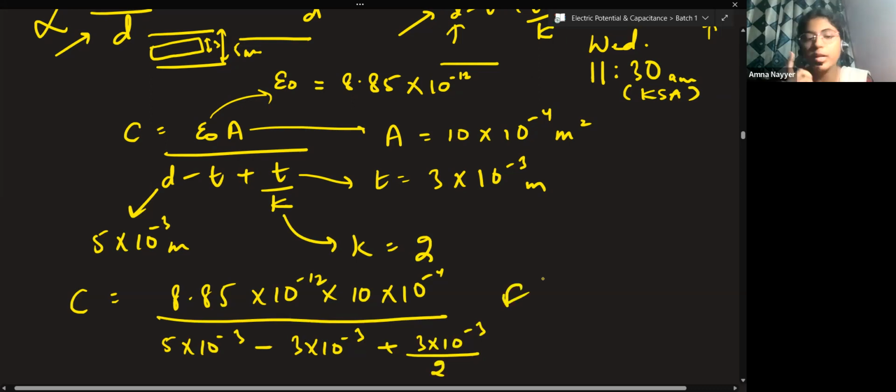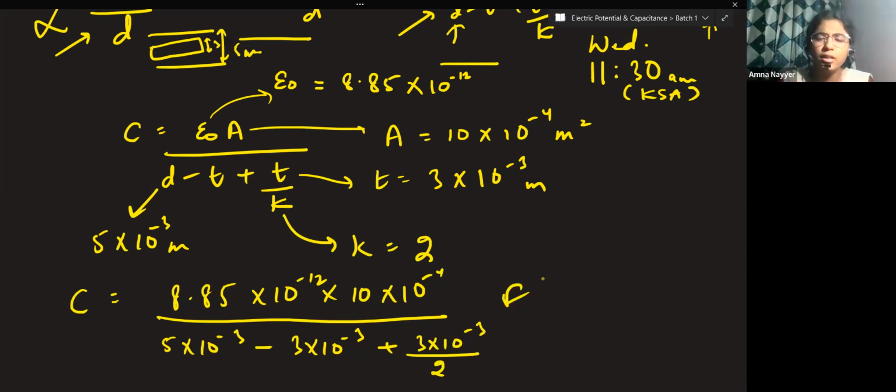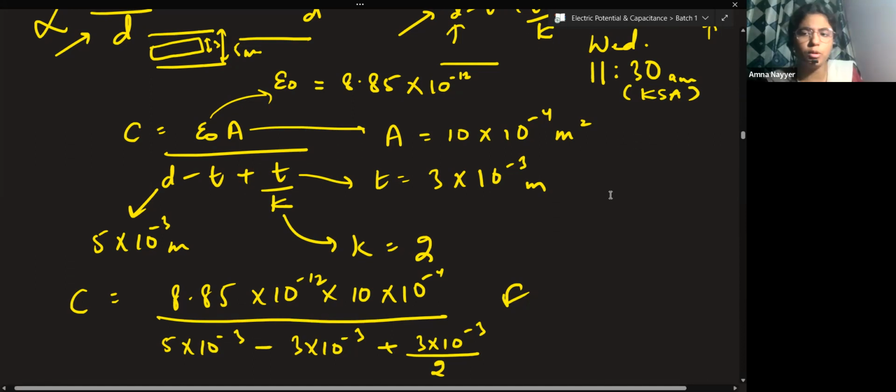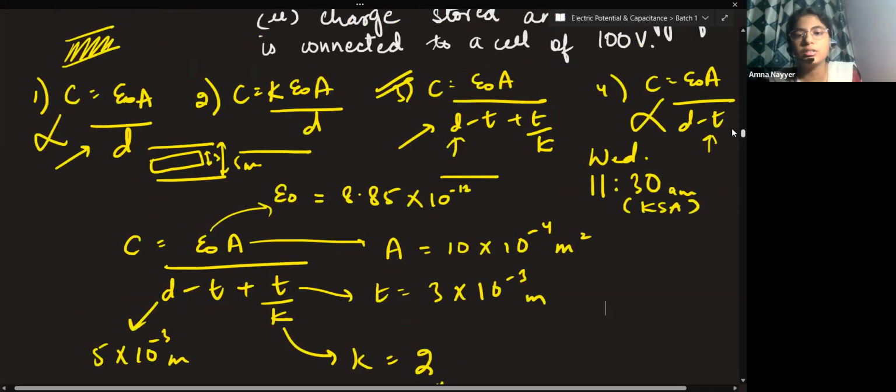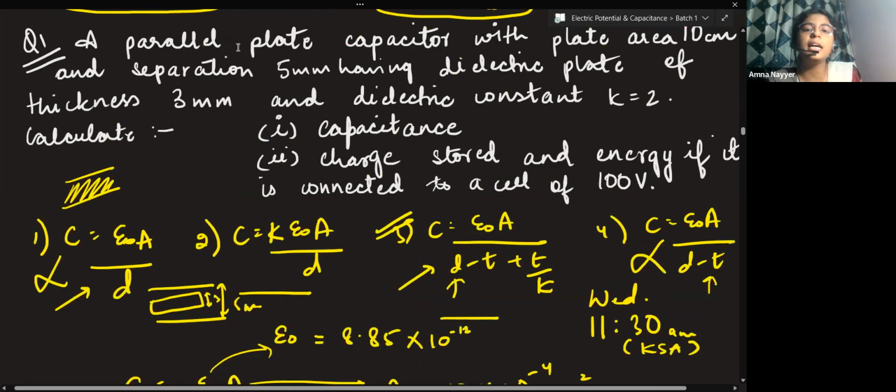For all those who are not aware, the SI unit is farad. You can take your time and solve it. It's not as lengthy as it looks, but it will take 1 or 2 minutes. You can take 10 to the power minus 3 common and then solve it. Your calculation will become easy. The second part asks you the charge stored and the energy stored if the potential is 50.